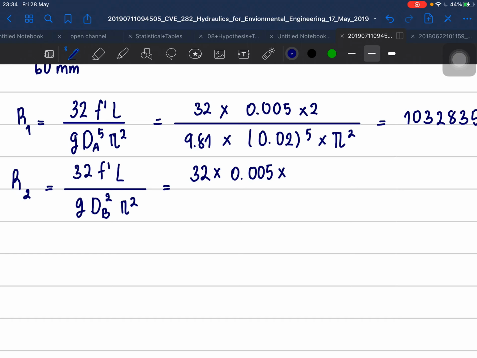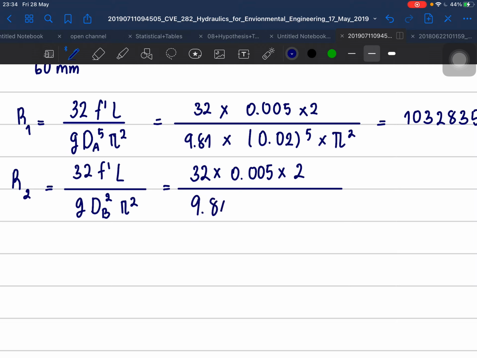Or the length is the same. Oh yeah, it's the same. Why did I say that the length is the same? Because the diagram does not show it. Each pipe is 2 meters long. Okay, I'm missing information. Sorry.